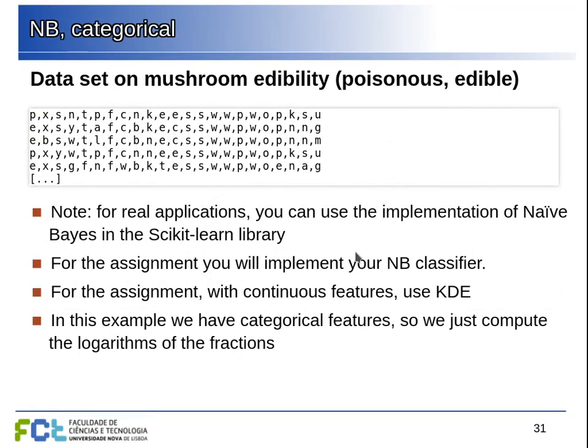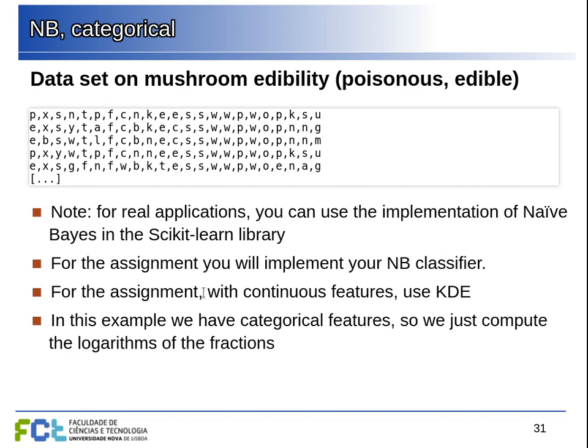Now, for real applications, you can use the naive Bayes implementations in the scikit library. For the assignment, which I'm going to talk about in more detail next week, you will implement your own naive Bayes classifier. This is just to make sure you understand the algorithm, and to give you an example of one of these classifiers that you implement from scratch.